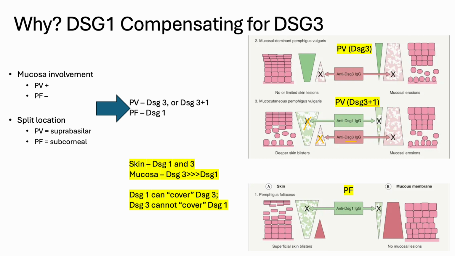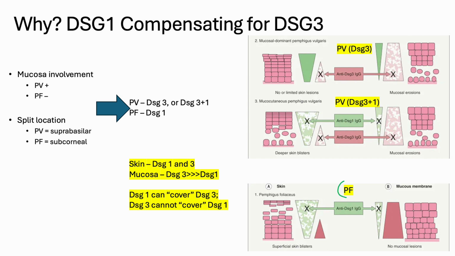So there is nothing to compensate. Then we have a lesion, a blister, which we see in the clinical photo. And similarly in the mucosa, there is nothing to compensate, and there will be mucosal erosion. So here is the situation in the PV with DSG3 and DSG1 involvement.